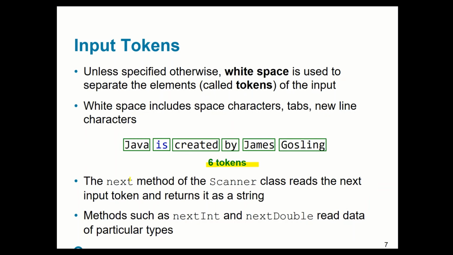The next method of the Scanner class reads the next input token and returns it as a string. That's why the next method reads only one word. In contrast, nextLine reads a whole line. Methods such as nextInt and nextDouble read data of particular types.